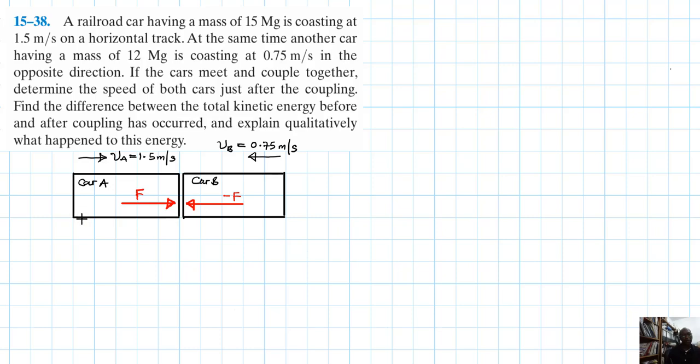The mass for car A is 15,000 kg, since mega is 10 to the power 6, and for car B, 12,000 kg.